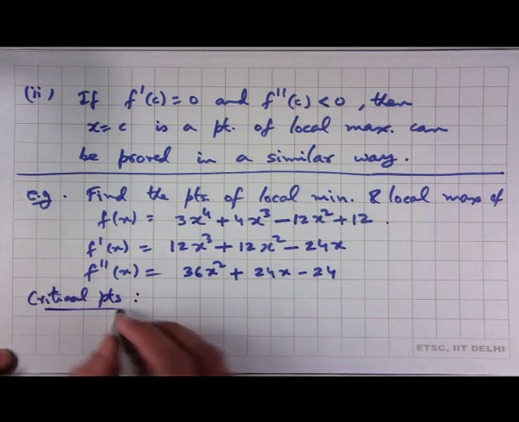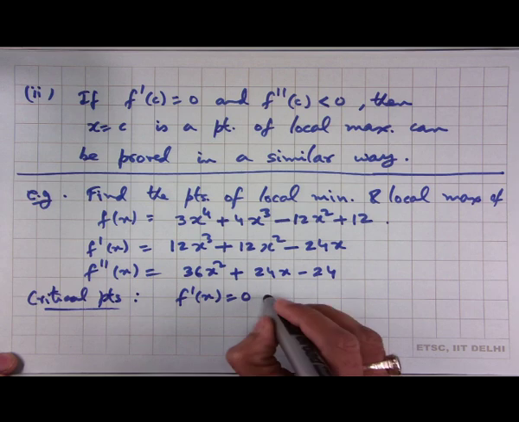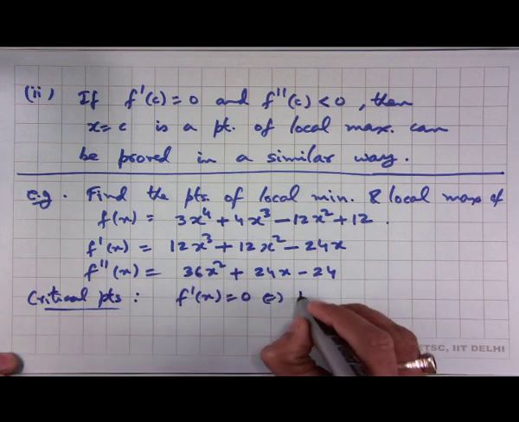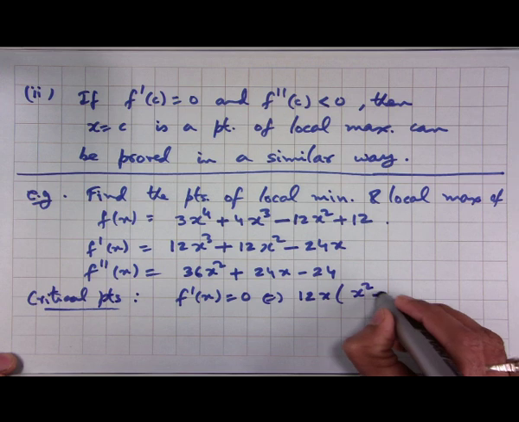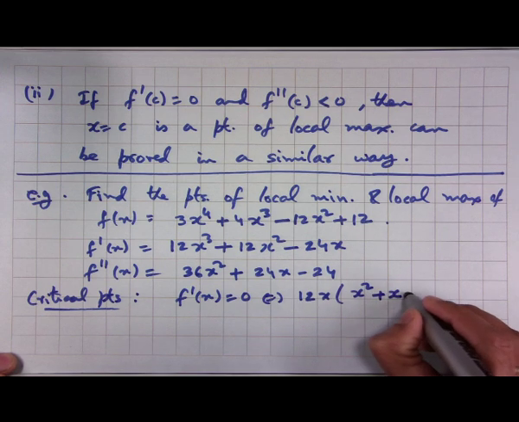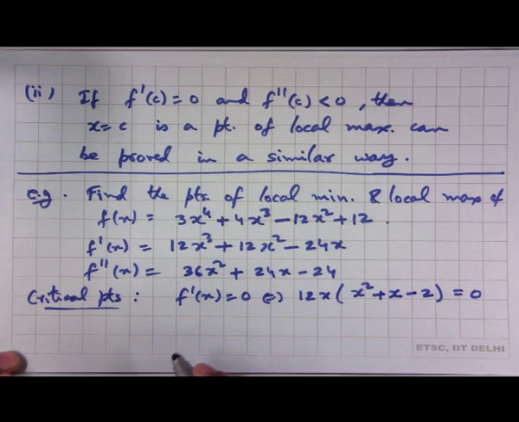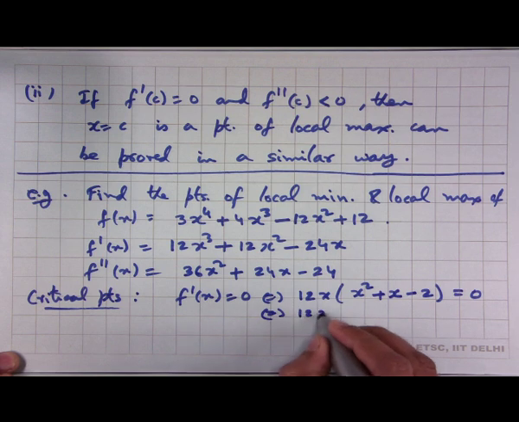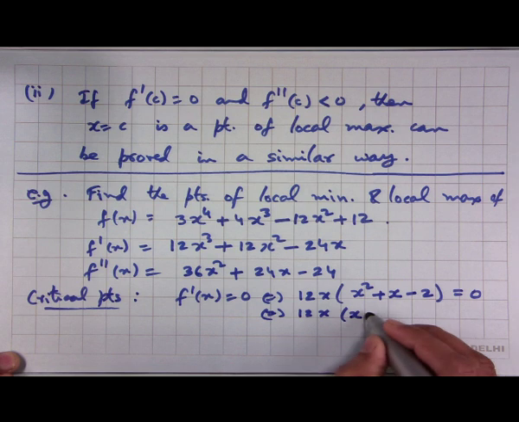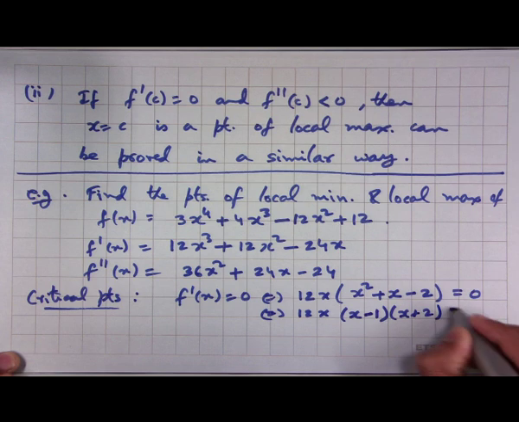For that we need to solve for f prime x equal to 0, and f prime x is 12x times x square plus x minus 2 equal to 0, which is the same thing as 12x times x minus 1 times x plus 2 equal to 0.